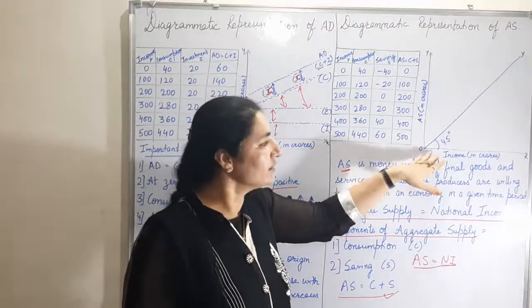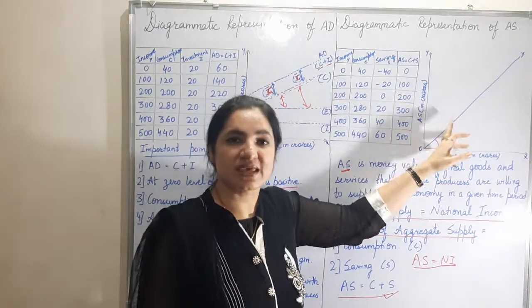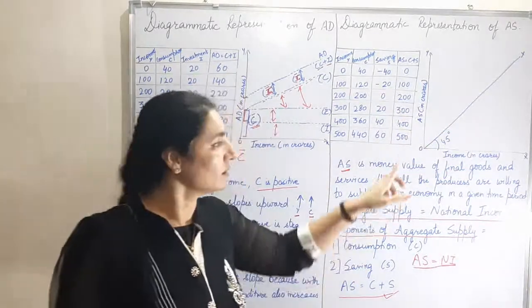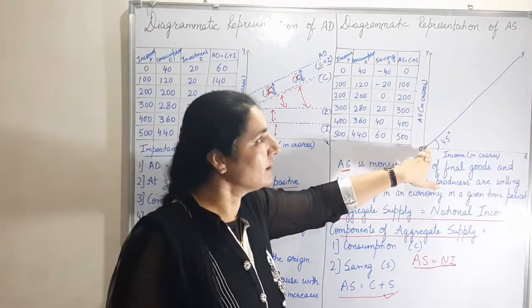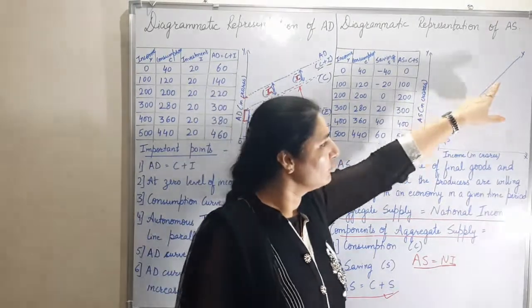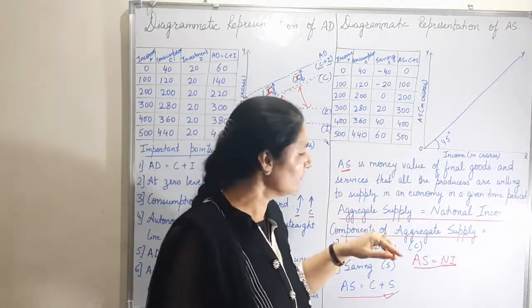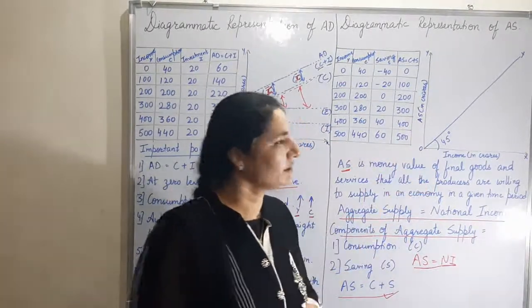So at all the levels, as both are bisecting at the same point, the income line or the curve will be a 45-degree straight line. This has been explained here.